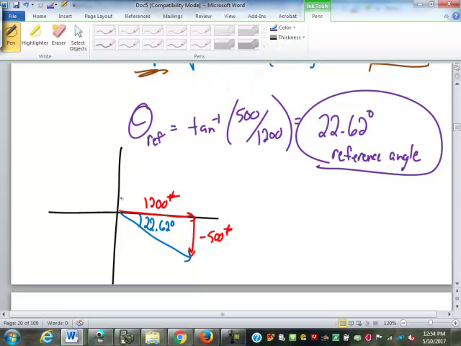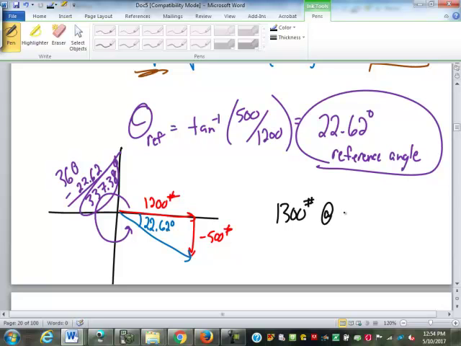So to find this actual angle, and the only way to know for sure is by the picture, the picture tells us that this angle has to be 360 minus the 22.62, giving us 337.38 degrees. That's theta. So this is 1,300 pounds at 337.38 degrees.